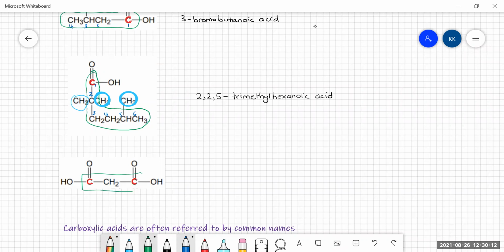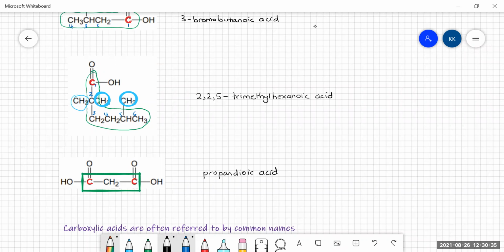So the longest carbon chain is 3 carbons long. So that is prop. It's a dioic acid, so it's propanedioic acid.